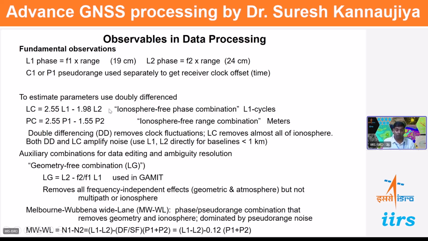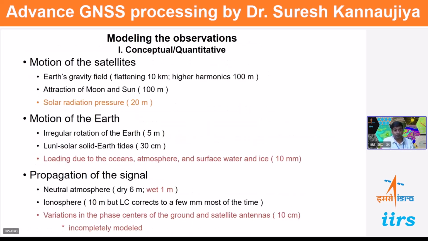So this is how we follow and move through the steps to process the GNSS data. And what happens? For some of the error budget, we are not able to get a very accurate model.